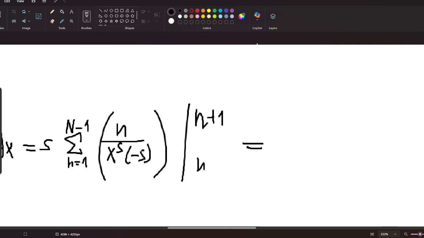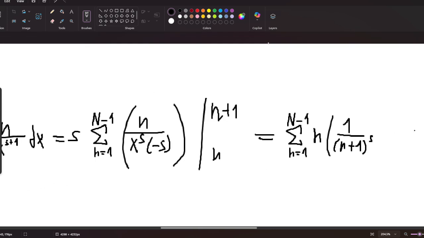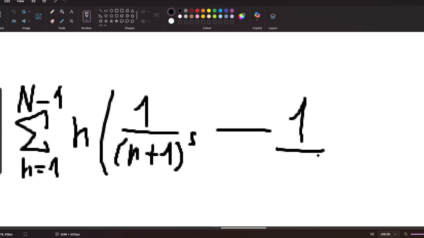Now what we can do is bring out the minus s here, and we get the sum. Let's bring on the n. We have 1 over n plus 1 to the power of s minus 1 over n to the power of s.